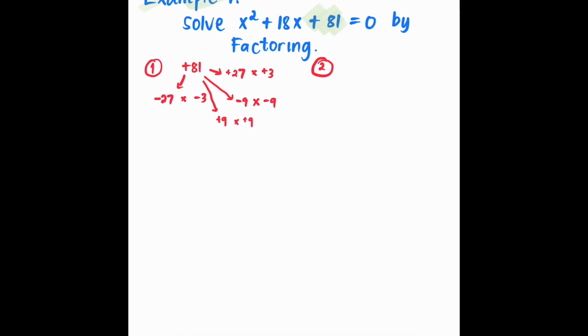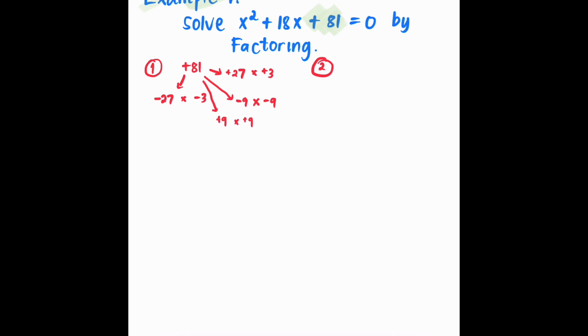what we need to do is consider the coefficient of the middle term. So if I go back to the given equation, it is already arranged in standard form, if you recall from the previous videos. The standard form of a quadratic equation is ax squared plus bx plus c equals 0. So you always have to make sure that the equation is arranged in this form.